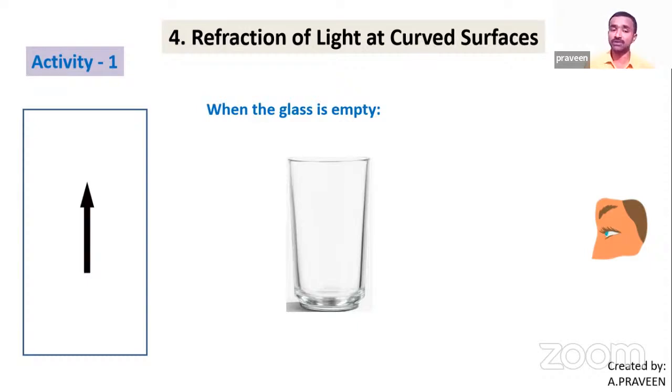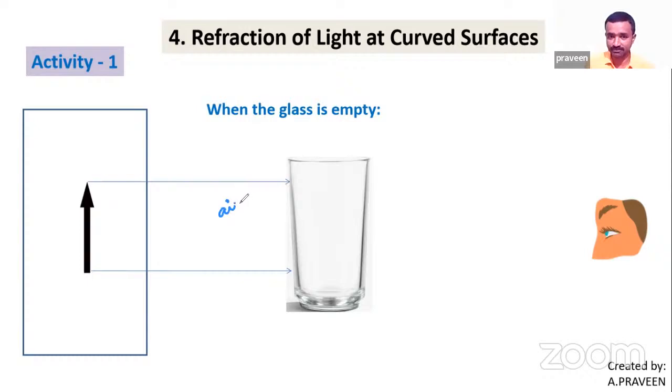So here I am considering the top ray and the ray from the bottom of the arrow through the glass. So when that arrow's light rays reach the surface of the glass, what happens?